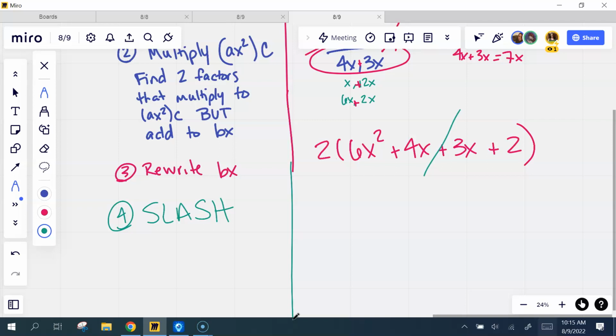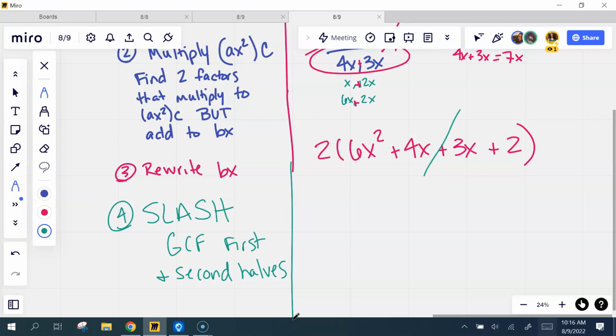And what we're going to do after we slash is GCF the first half and the second half. GCF it, okay? Are y'all ready?